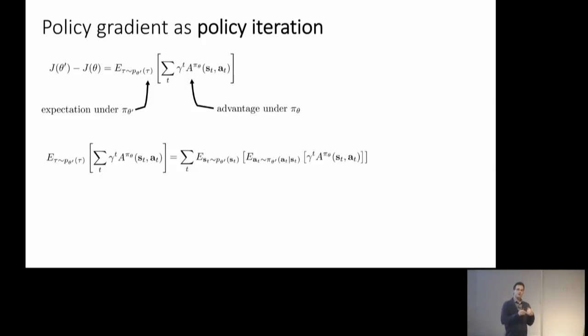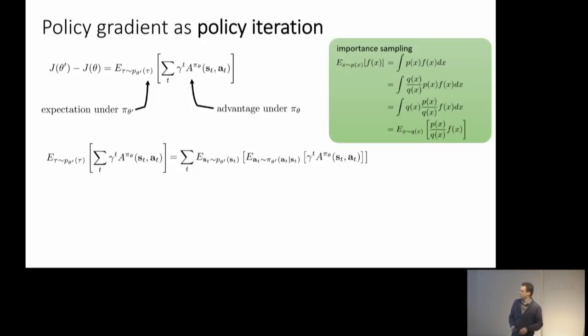Now, for those of you that remember the policy gradient lecture from earlier, at the end of that lecture we talked about how if you have an expectation under some distribution, and you would really like to have an expectation under a different distribution, you can use importance sampling. So if you have an expectation under P, and you really want an expectation under Q, just take the expectation under Q, but multiply your function value by P of x divided by Q of x.